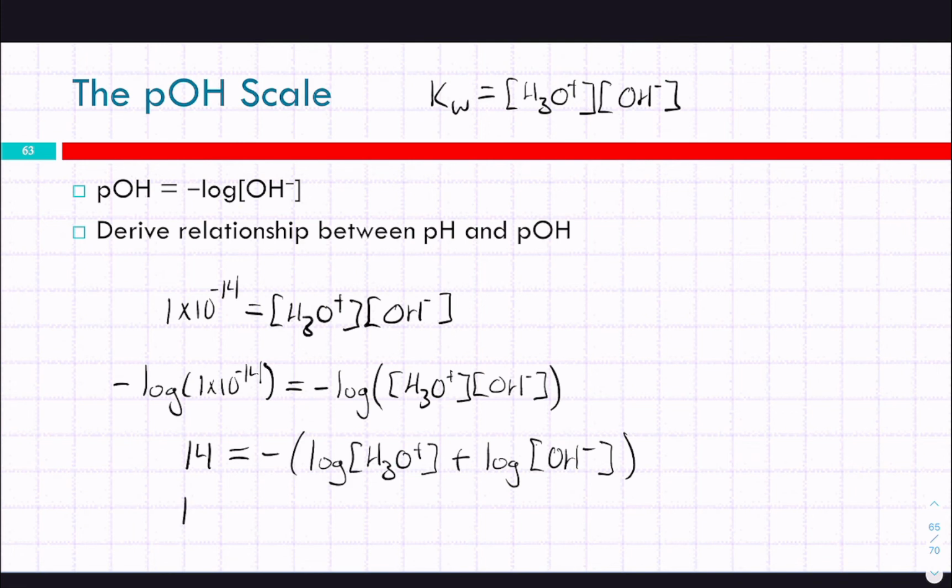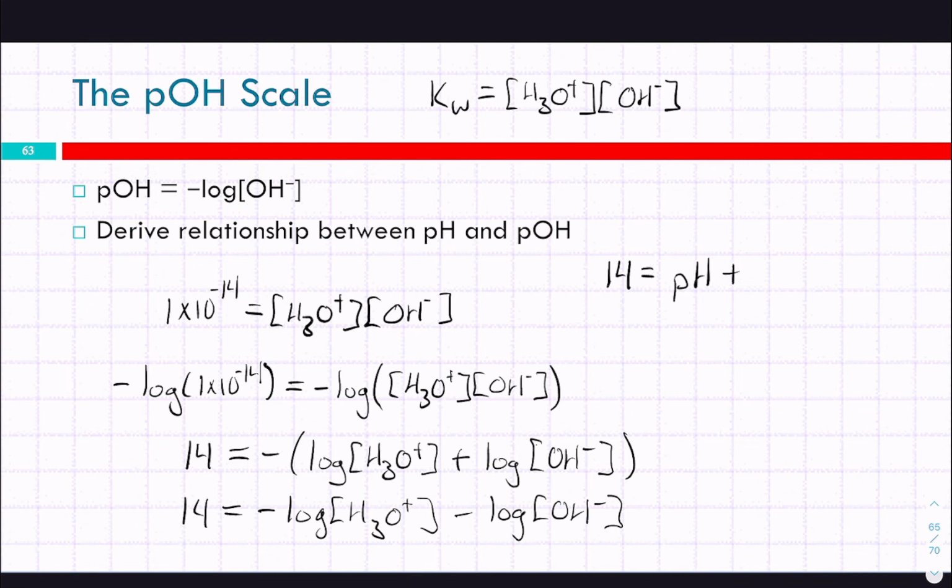So we're going to distribute that negative because it's the negative log that's pH. So negative log H3O plus, minus the log of OH minus. So negative log of H3O plus concentration is pH. So we get 14 equals pH plus the negative log of OH minus concentration, which is pOH.